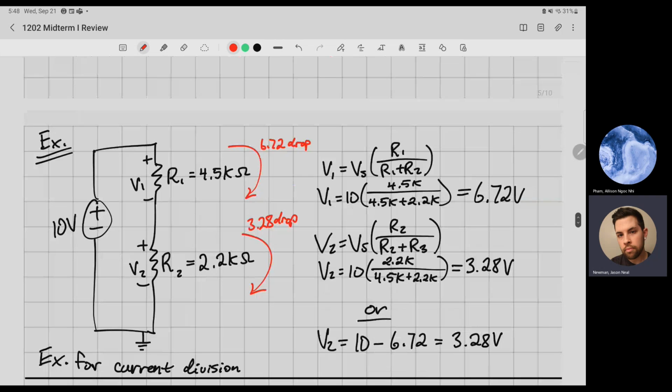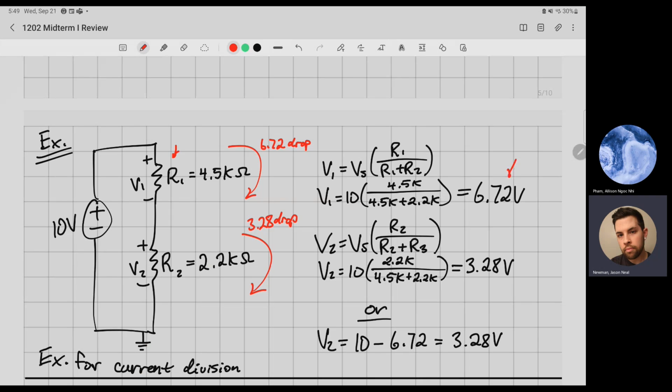This is 10 volts, and we have V1, the voltage across R1, and V2, the voltage across R2. Using this formula, the voltage across V1 is the voltage source times the resistor R1 over R1 plus R2. You just plug in these values: 10 times 4.5K ohms over 4.5K plus 2K. That's equal to 6.72 volts.